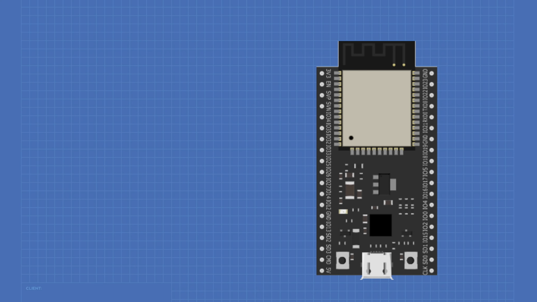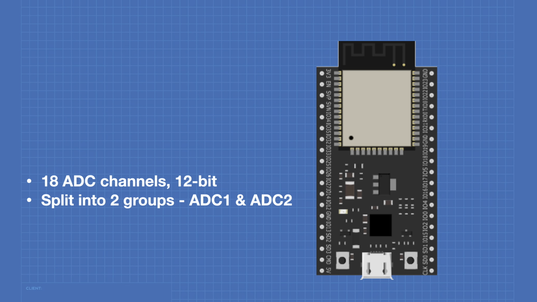So how about using the ESP32 with the MQ gas sensors? After all, the ESP32 has 18 analog to digital channels, and these are 12-bit ADCs, so it sounds like it would be a pretty good choice. The ADC channels on the ESP32 are split into two groups labeled ADC1 and ADC2.